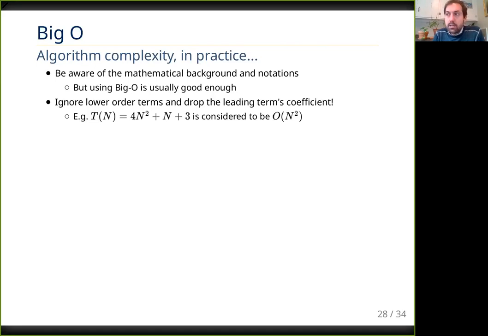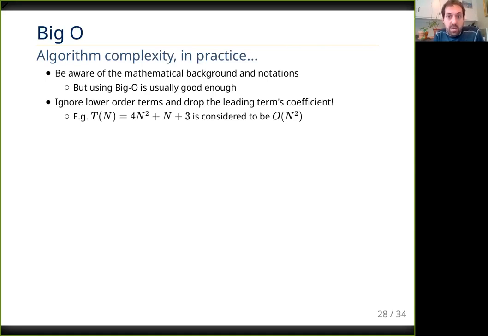In practice, in computer science, we are pretty much always going to use big O, unless you start doing actual theory and you start specializing like that. But if you stay at a very standard software developer level, big O is fine. We're not going to expect you to know anything else.